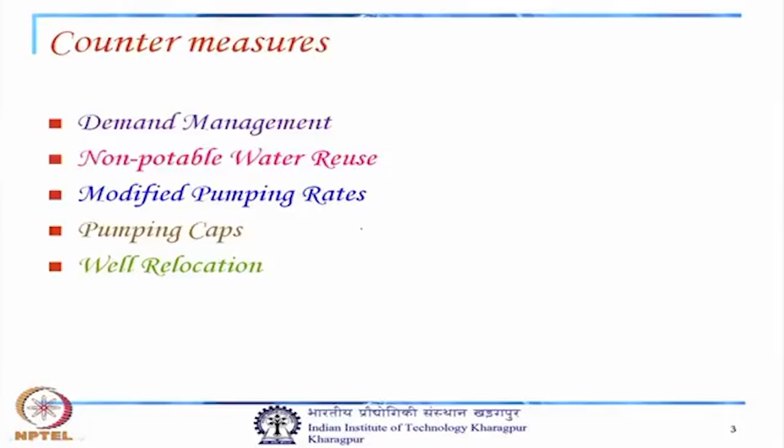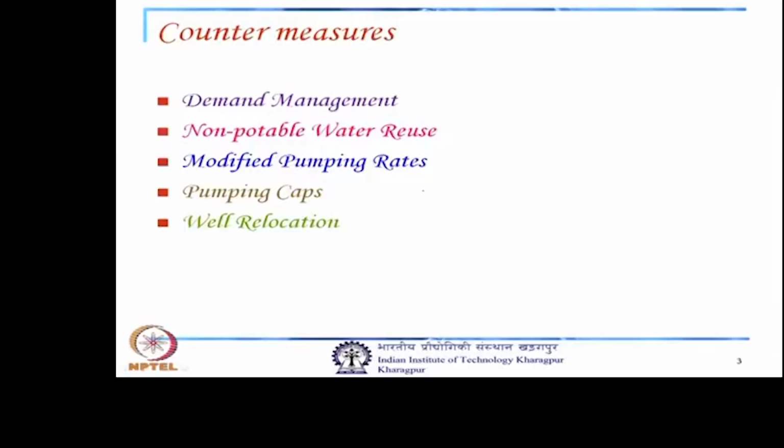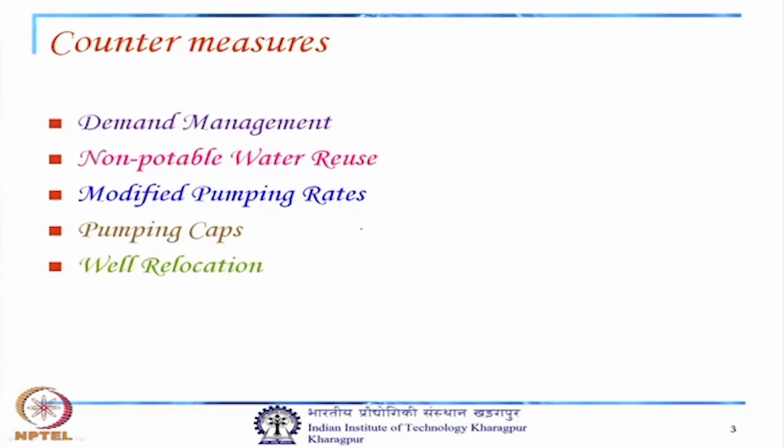Let us say that we have a well which is near to the seashore or near to your shoreline, then it is obvious that there will be extra pumping from those wells, and due to those pumpings there will be intrusion of seawater at a faster rate, and if we relocate it in the inward direction, then at least we can check that seawater intrusion in the coastal aquifers.